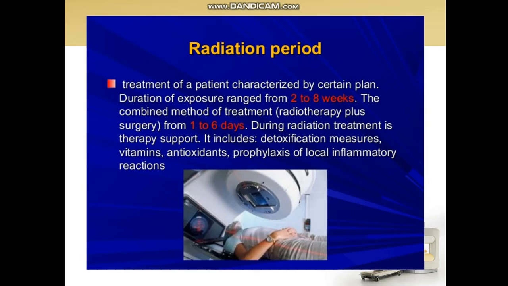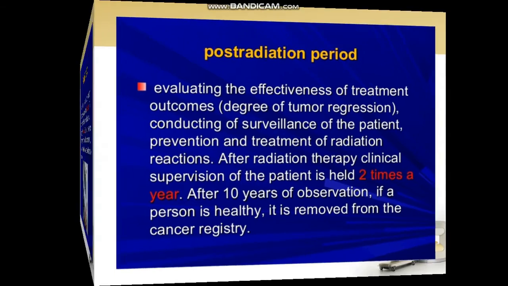For combined methods of treatment, for example radiotherapy and surgery, from 1 to 6 days. During radiation treatment there is therapy support. It includes different supportive drugs such as antioxidants, anti-inflammatory drugs, and others.